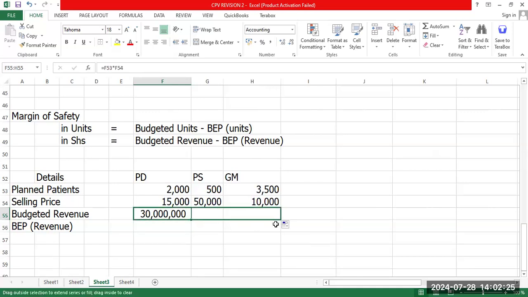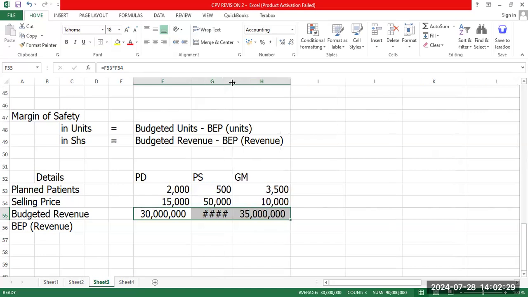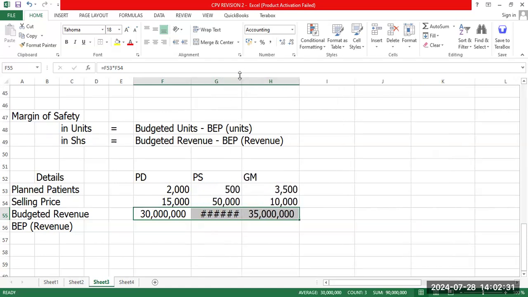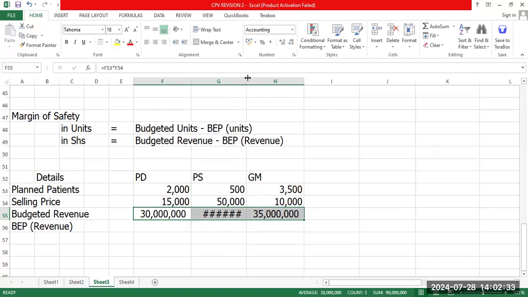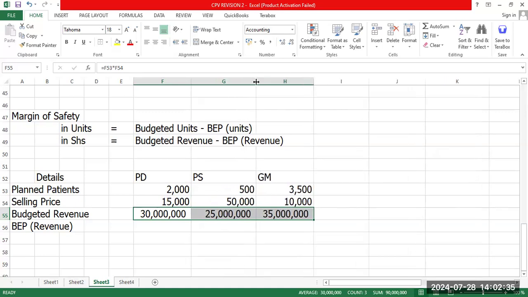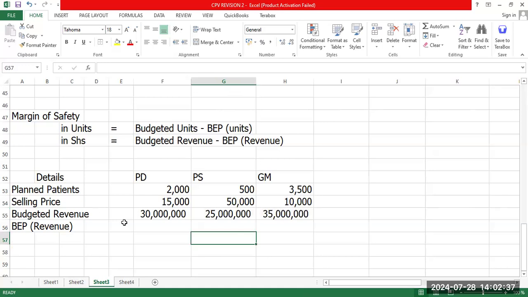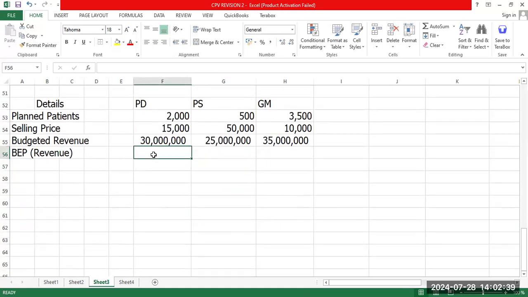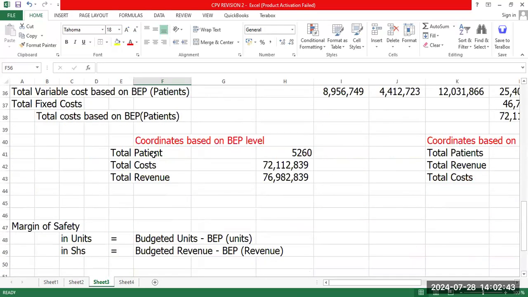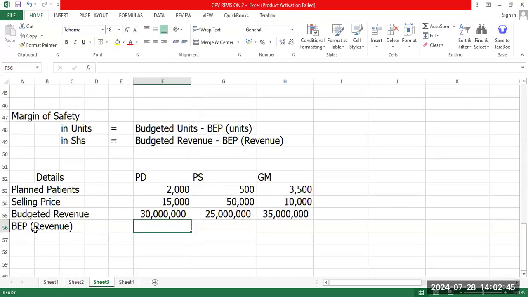You do the same for all. Then this one already we have. This one was how much? We have these figures. This one was how much? Was it 26, something like that? 26.